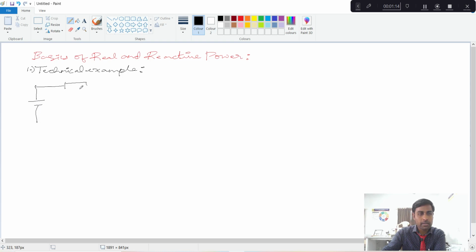In this technical example, I am going to take an electric circuit with a source, and this source is connected to a load. This is my plus, minus, this is my V, and this is my load, which I have denoted as Z. Now, in this circuit, how will my current flow?